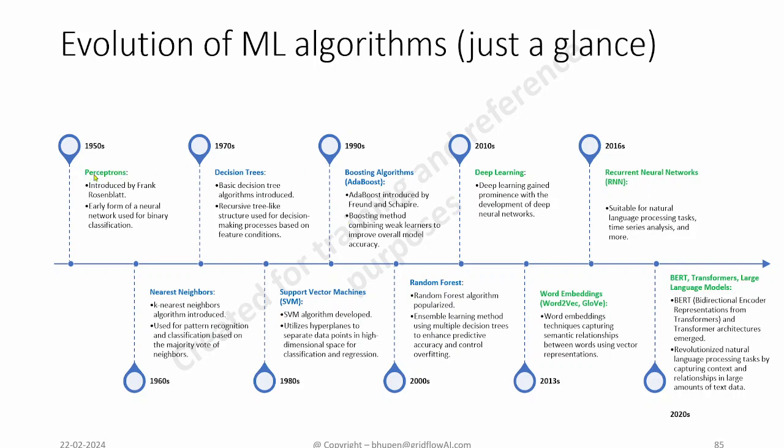I marked them in green, so wherever we have perceptrons, deep learning, recurrent neural nets, word embedding, BERT, transformers, and language models, these are modern day, although the origin is way back in the 1950s. The blue ones are called classical machine learning, let's say the nearest neighbors algorithm, decision trees, or support vector machines. These are the algorithms that fall under classical machine learning.